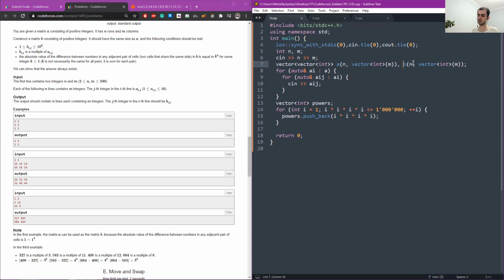So I'm given some number. I have to find number that is divisible by A2 and its difference. Wait, I can just walk 16 numbers, right? For every cell, I can just try the powers.